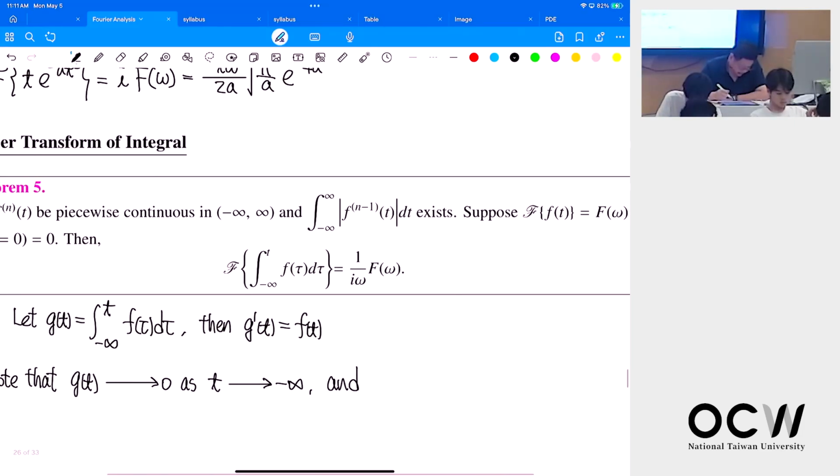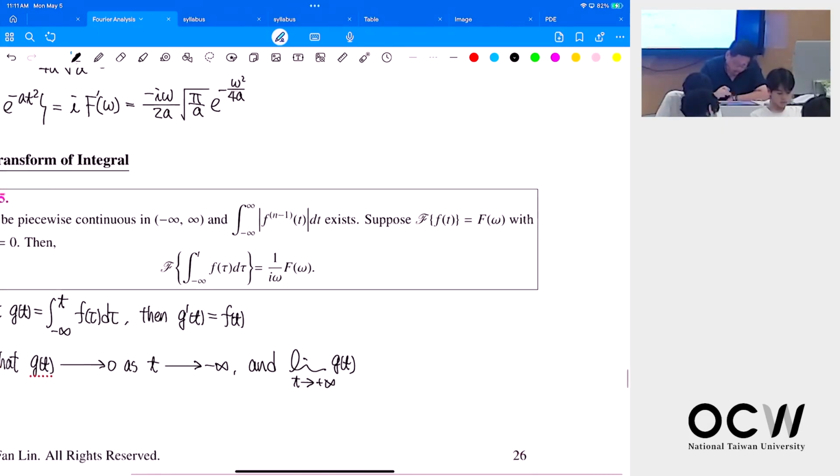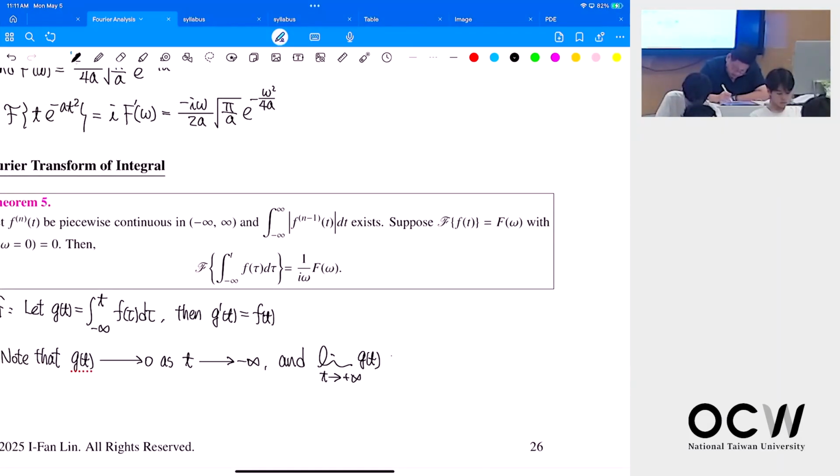And then if t goes to positive infinity, then g is the integral from minus infinity to infinity of f of tau d tau.